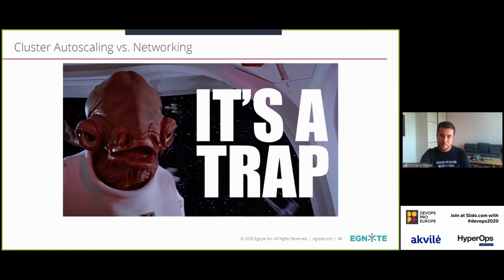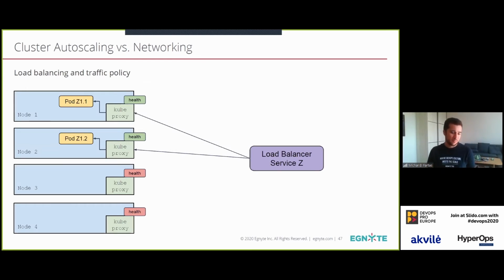Actually, it can be a bit more complicated, so let's take a look at a bit larger scale of nodes. We have pods Z1 and Z1 2 deployed on node 1 and node 2. Let's assume that Z1 is version 1 of our deployment, and we have health checks working as intended and the local traffic policy.